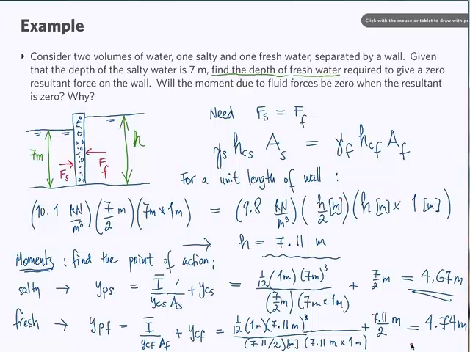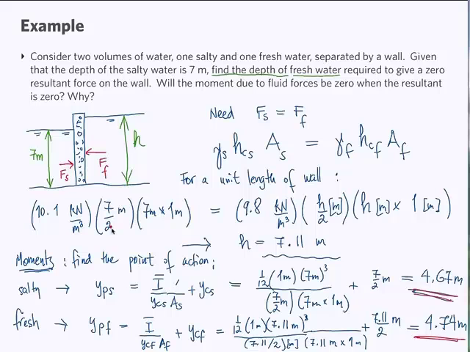Like we expected, the points of action of these two forces are not the same. So there is a moment. Even though the forces are equal on both sides, there is in fact a moment. Normally we would want to calculate the distance to the point of action from the bottom of the tank.